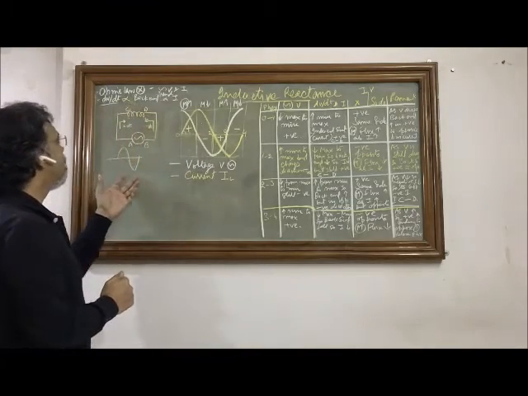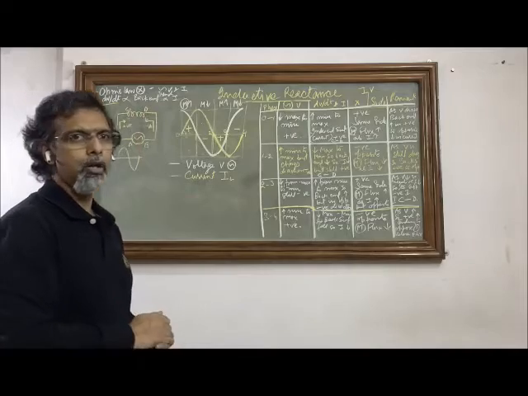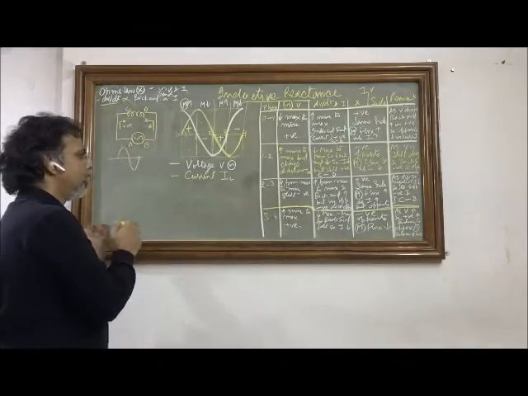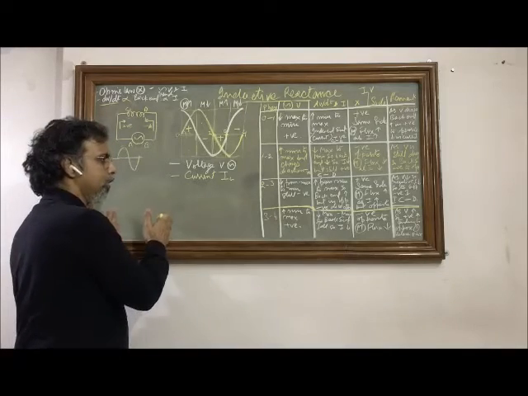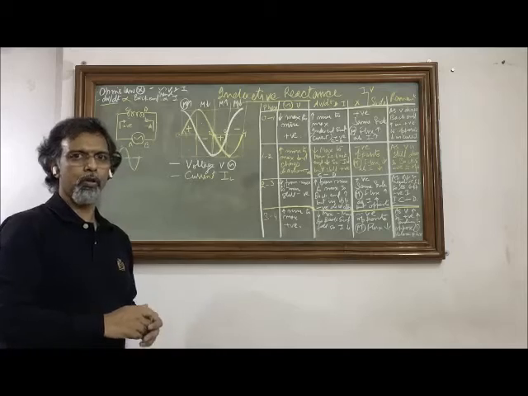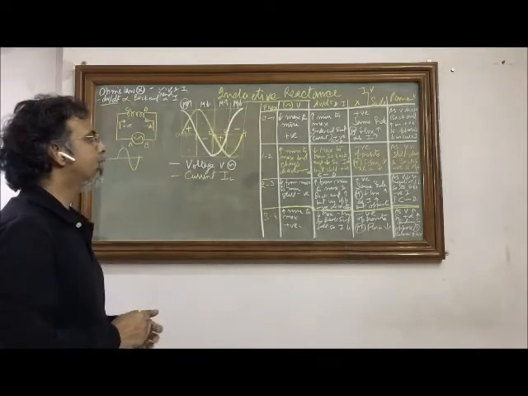And the more the back EMF produced, the more will be the induced current in the coil that is trying to maintain its current, and in turn it is trying to maintain the magnetic field or the magnetic flux linked to that coil.